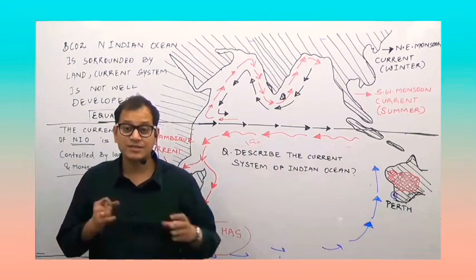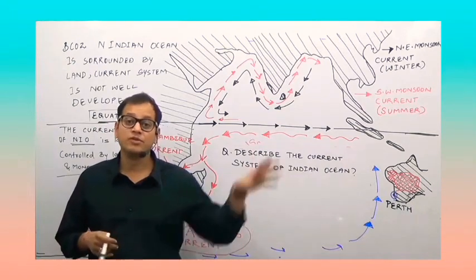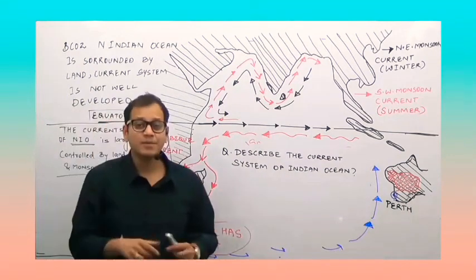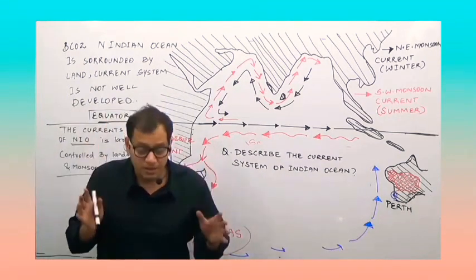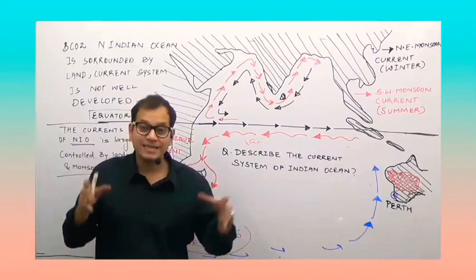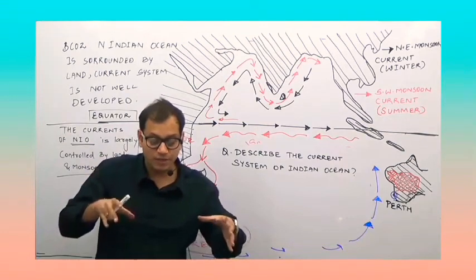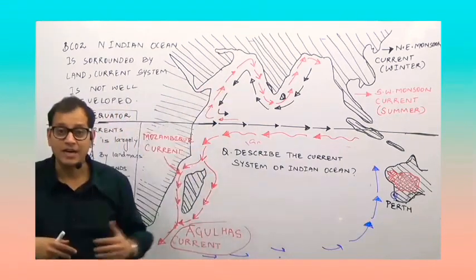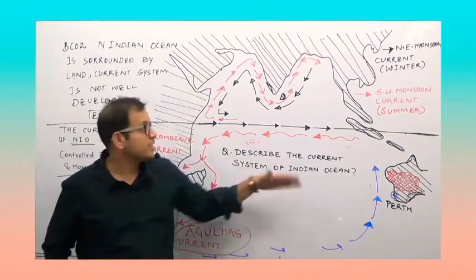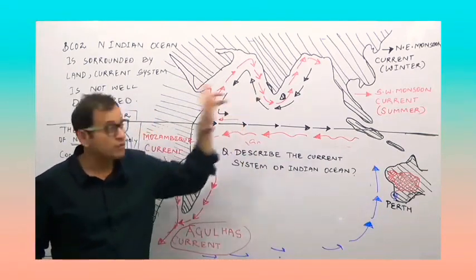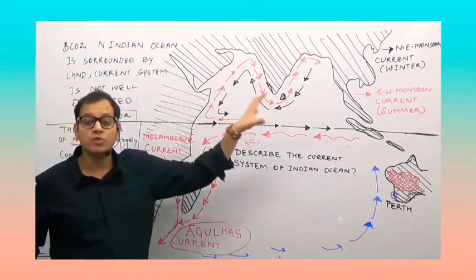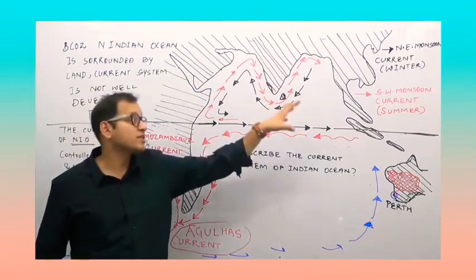The Indian Ocean current system is not very well developed because of the dominance of land mass, especially in the Northern Indian Ocean. Third point, the Indian Ocean current system is largely controlled by the land mass and the monsoon winds. Why? Because it is surrounded by land. Fourth, the current system of the Northern Indian Ocean is the southwest monsoon current, which flows along with the southwest monsoon winds during the Indian summer season.